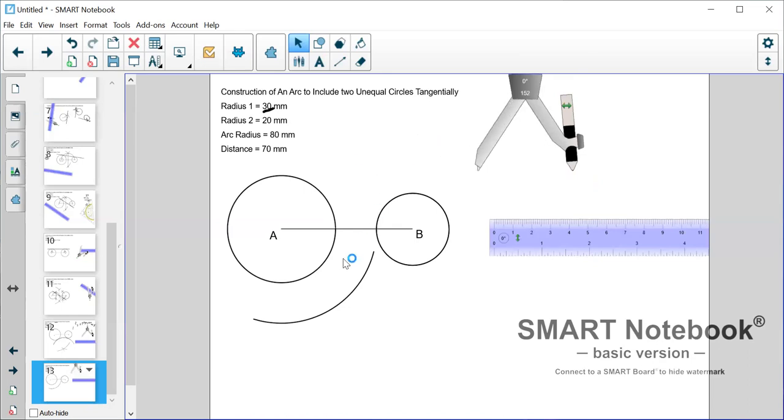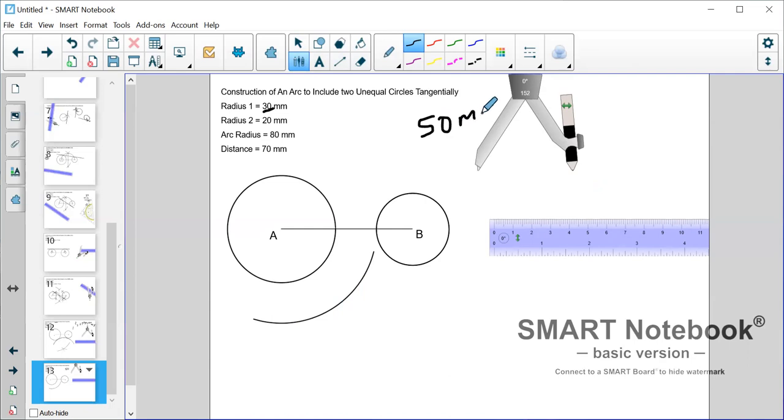Good. So we have that first distance, and that was 50. Let me put that measurement here, 50 mm. Now the second one: when you subtract 20 from 80, you will get 60.